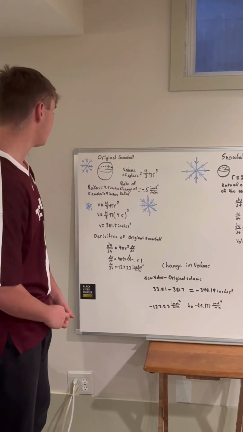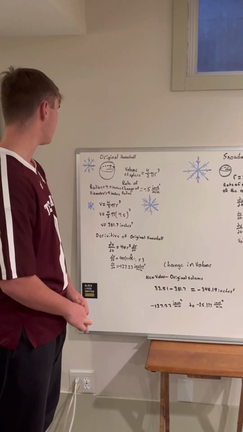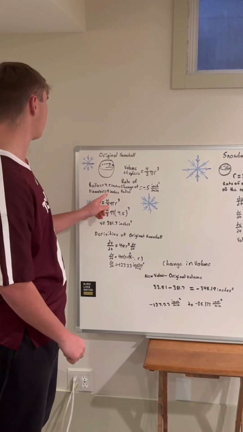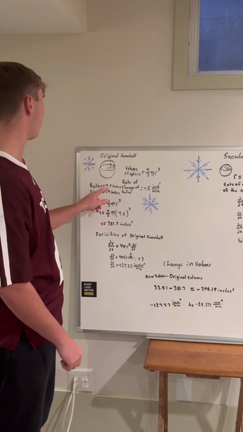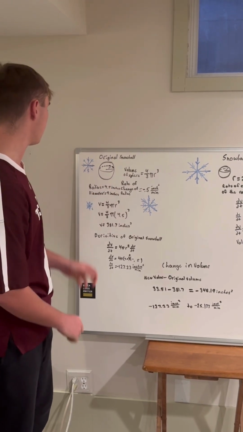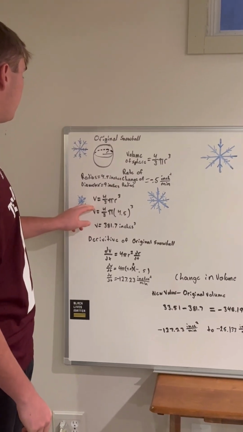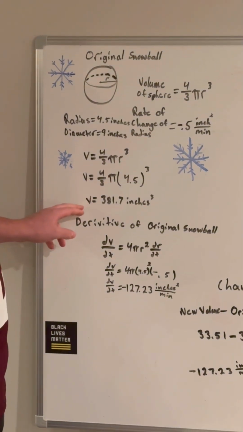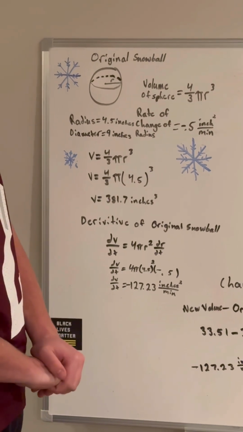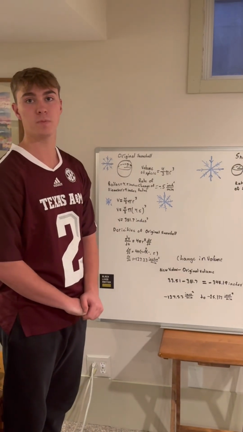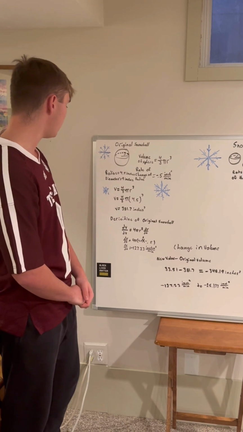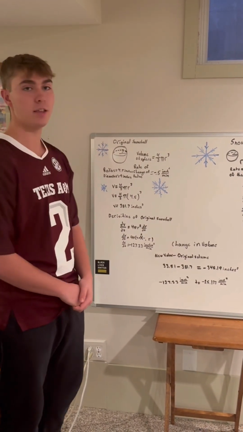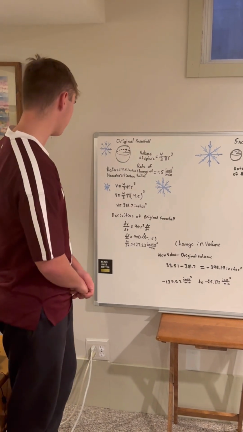He knows that the diameter equals 2r, so he plugged in and got 4.5 inches for the radius. Then he plugged 4.5 for the radius into his volume formula, which got him a volume of 381.7 inches cubed.